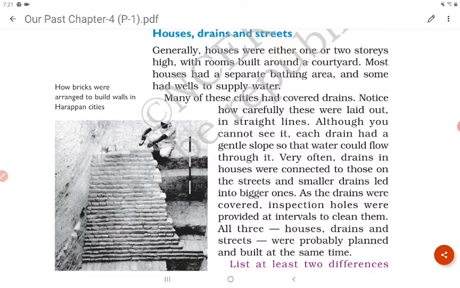Very often, drains in houses were connected to those on the streets, and smaller drains led into bigger ones. As the drains were covered, inspection holes were provided at intervals to clean them. All three, houses, drains, and streets, were probably planned and built at the same time.